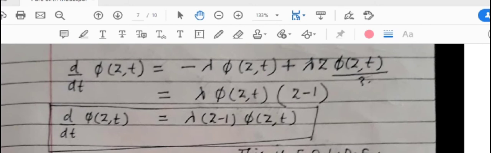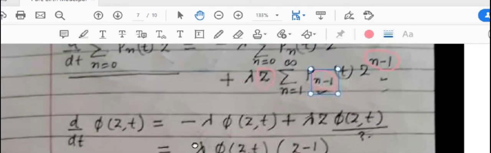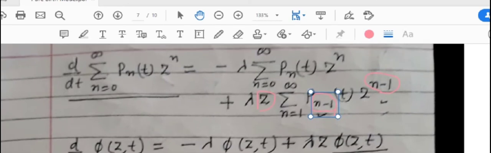Okay, so we continue this part. You just look here. So up to here we finished.